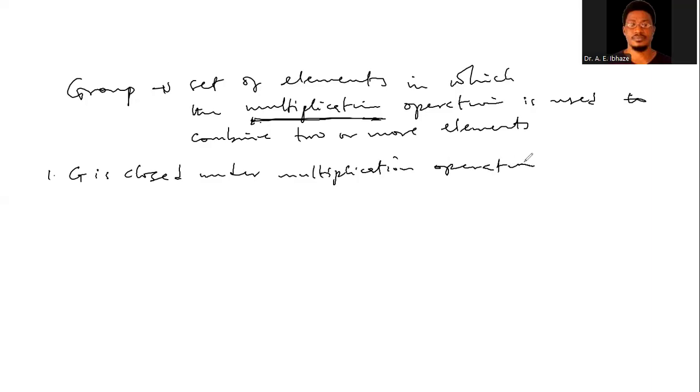So when we talk about closure, what we are trying to say is that if we find the product of two elements, that element also must be an element of the group.